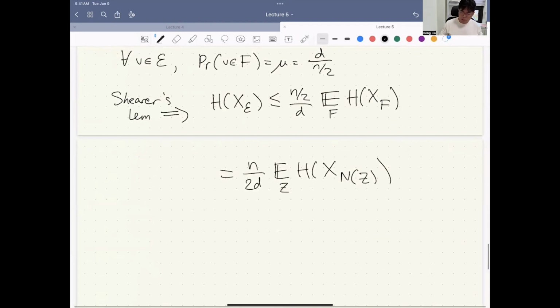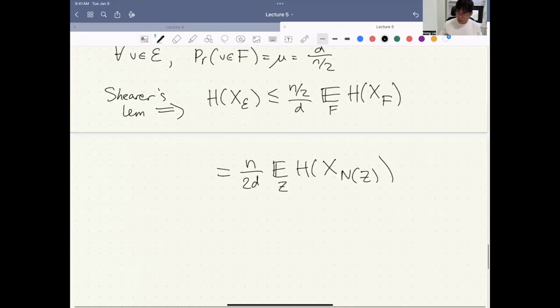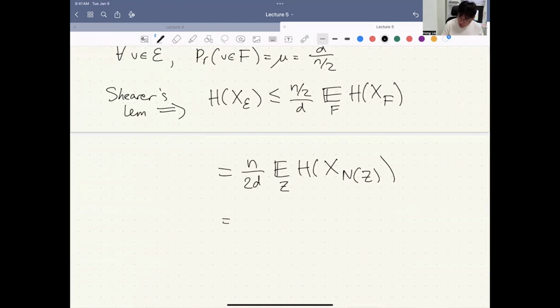Let's get rid of this expectation over Z. Since Z is uniformly chosen in O, the odd side, each vertex has probability N over 2 to be chosen.